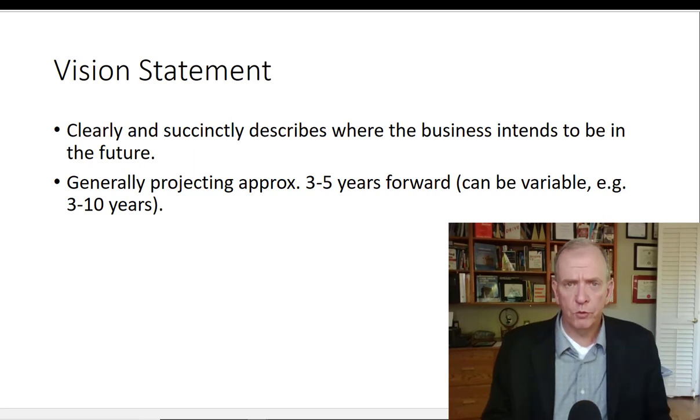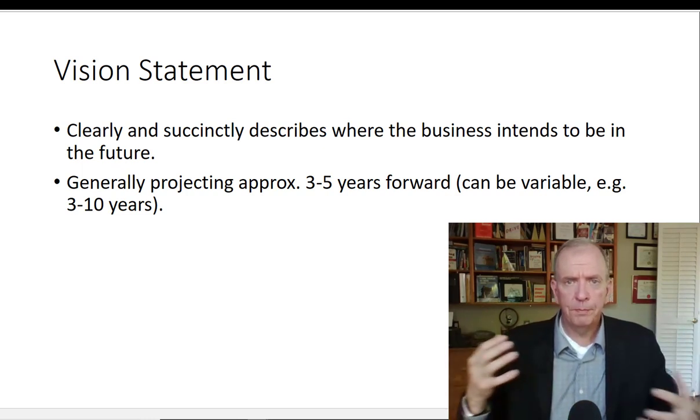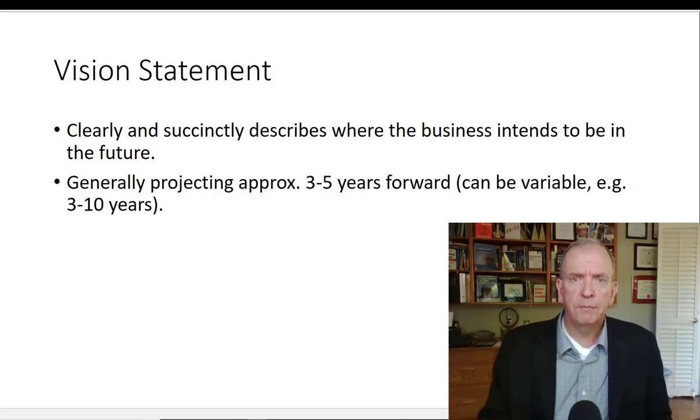We did talk about change. Vision statement changes more frequently because there's a lot of things in the external environment that are moving parts, as we gave an example in our dealing with change in our episode number 2. If you haven't seen it, you might want to go back and check that out. But vision statement will change every 3 to 5 years. In some markets, we're talking about construction in our series.